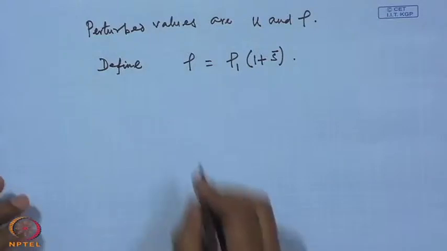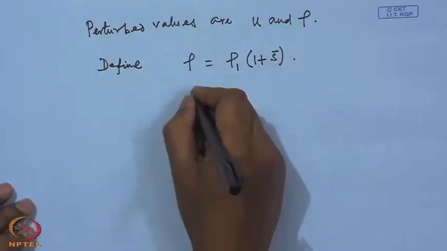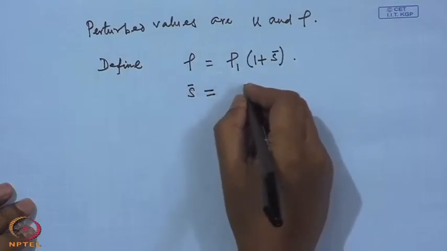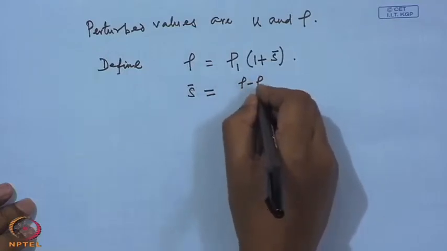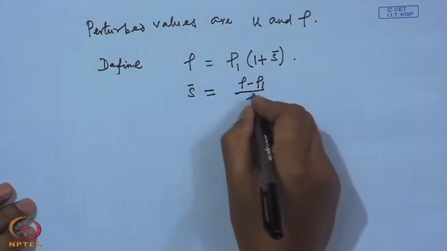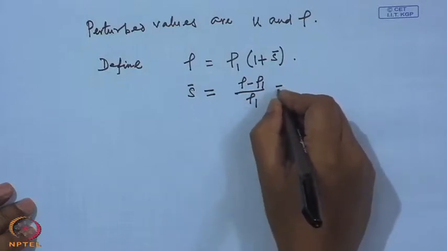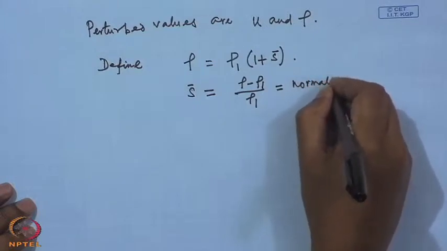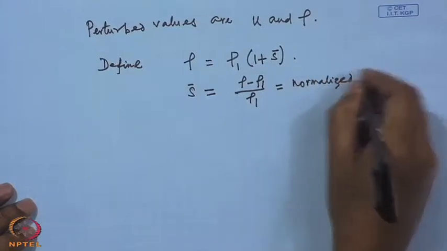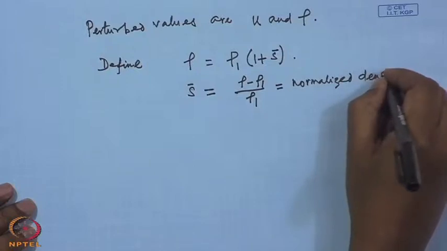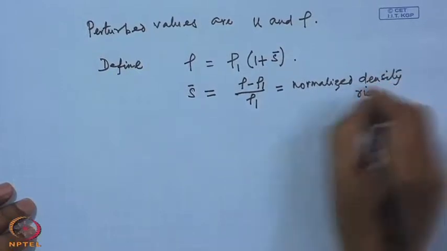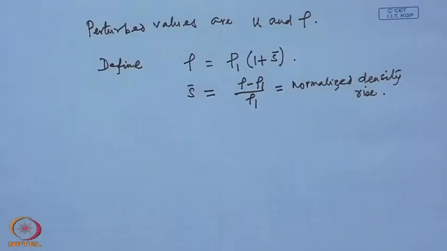This s̄, the dimensionless quantity as defined here, is simply (ρ − ρ1)/ρ1, that is the normalized density rise. Note the use of this symbol s̄.